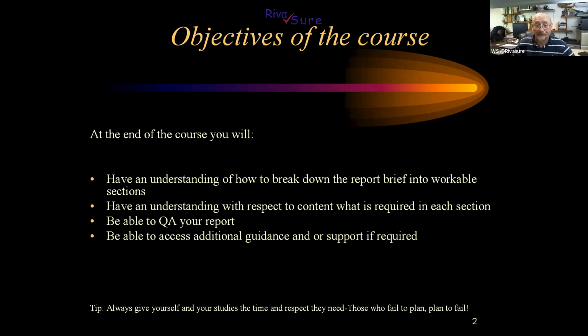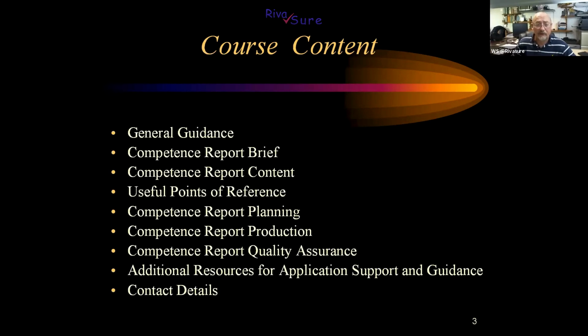Let's move on. Course content. In this report tutorial, there will be general guidance. Now, in all of the reports, there is general guidance and specific guidance, dependent upon what we're trying to give response to.